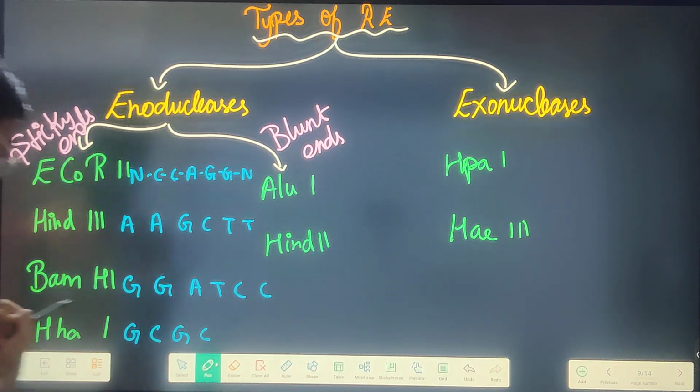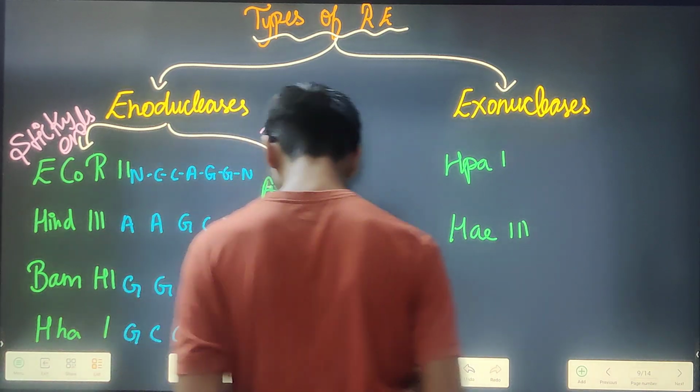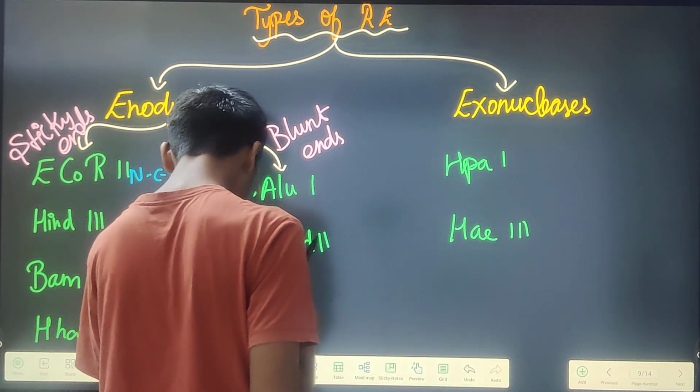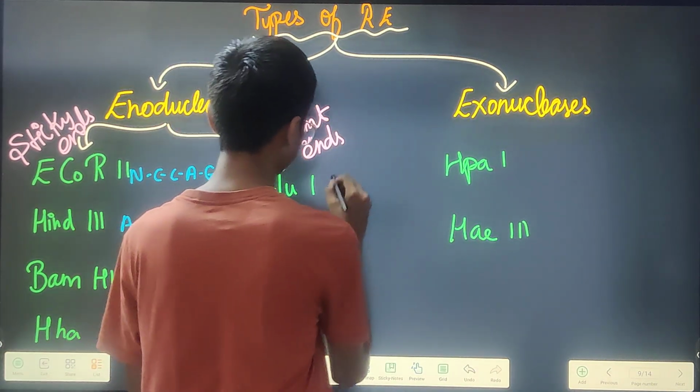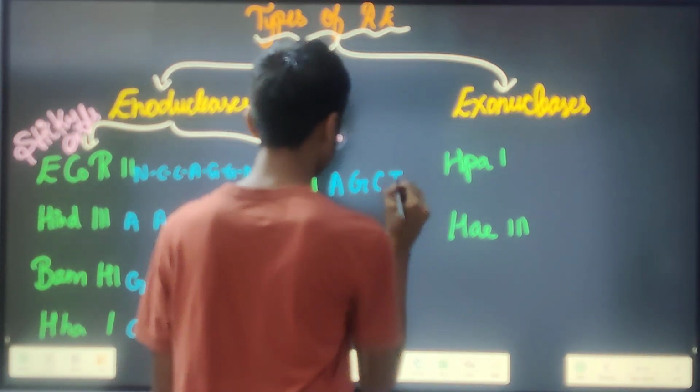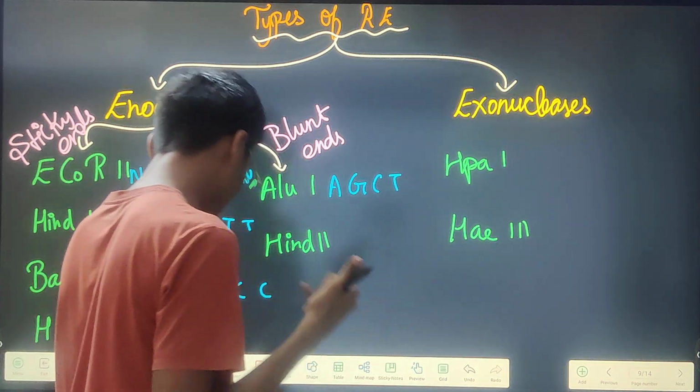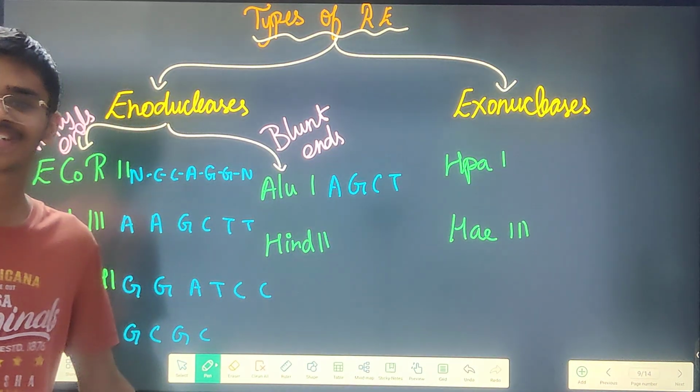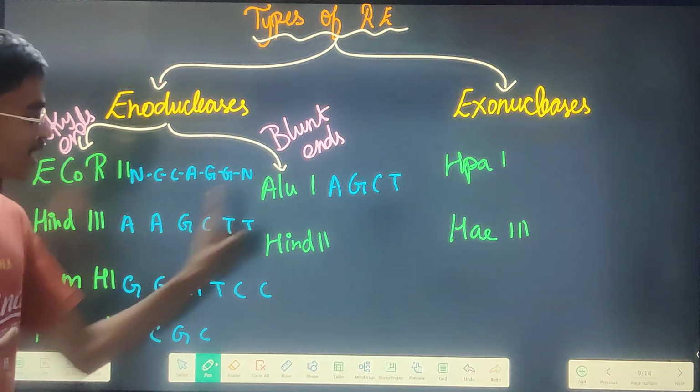Then after this we also have Alu, which is actually AGCT, here also AGCT. Then our Hind 2 is having 6, and Hind 2 is very unique from everything.